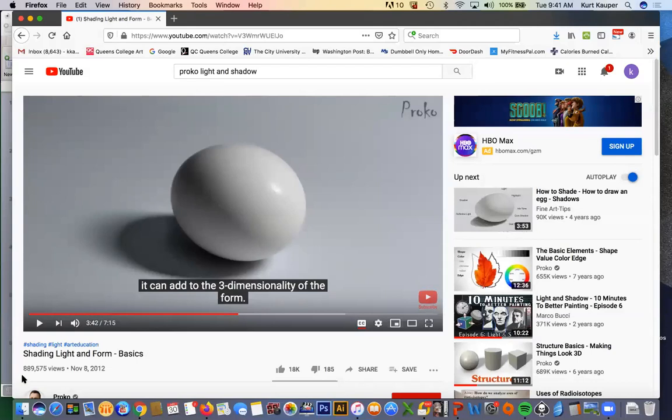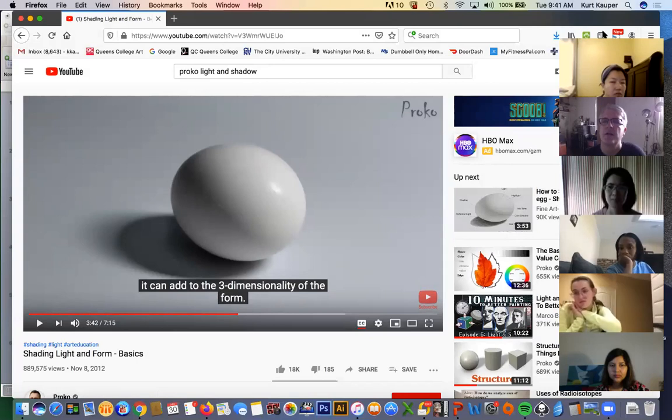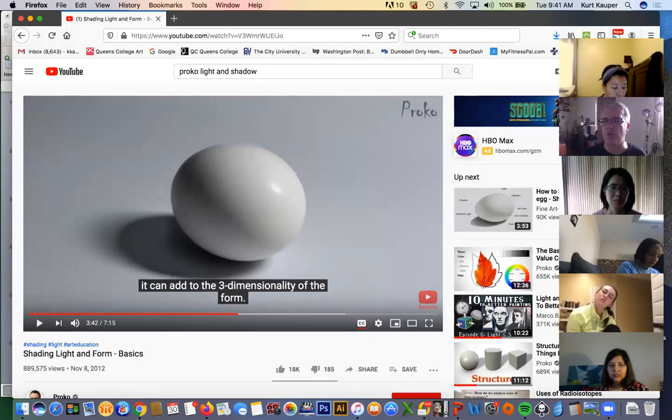So I'm going to continue with that video, but I just want to point out something that he just said, which is important. He said that if an artist doesn't see a clear core shadow and reflected light, they will sometimes cheat one in.